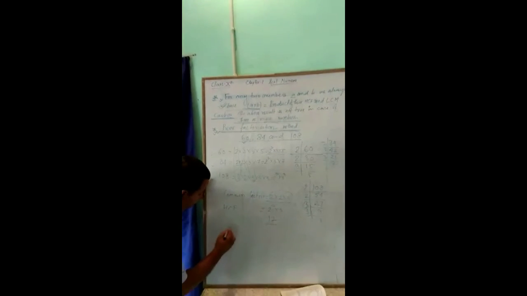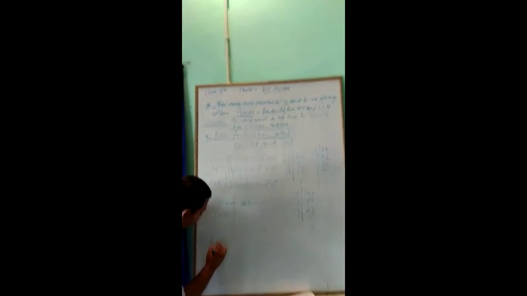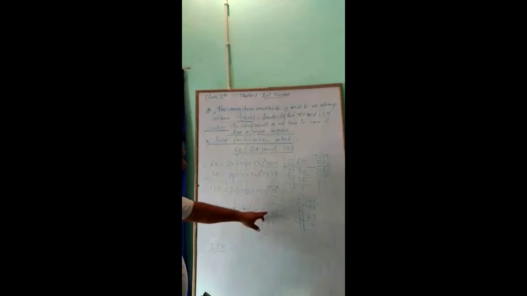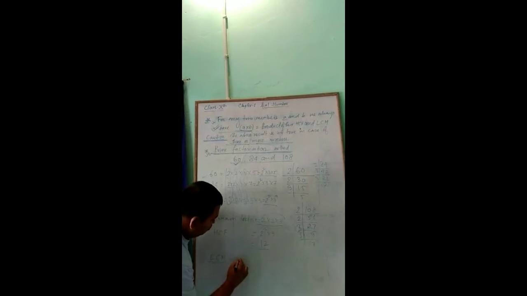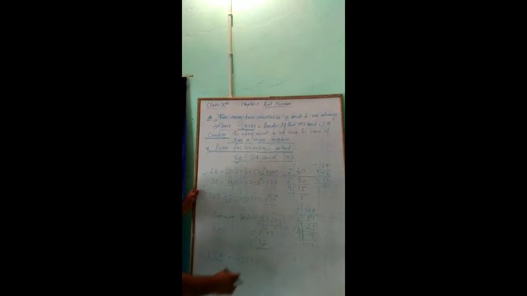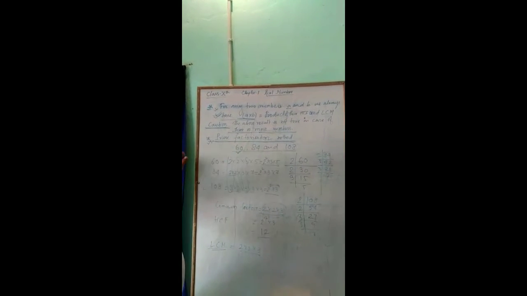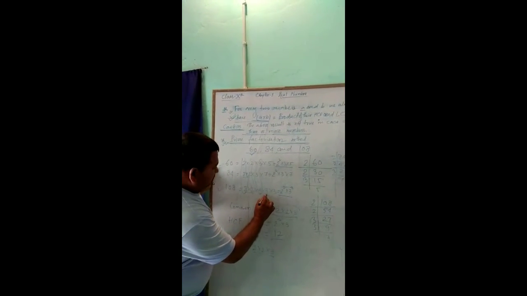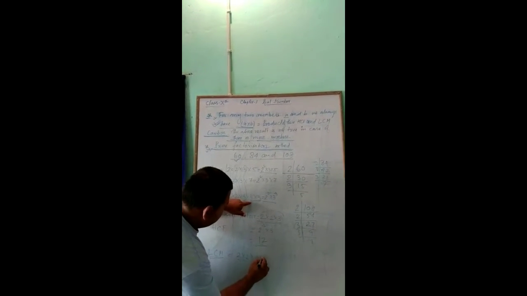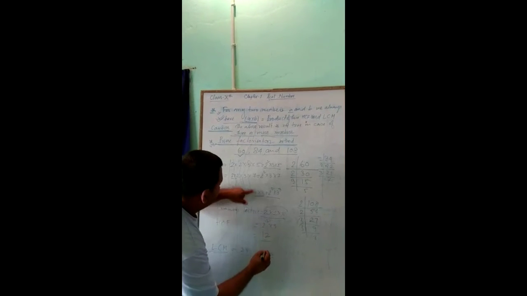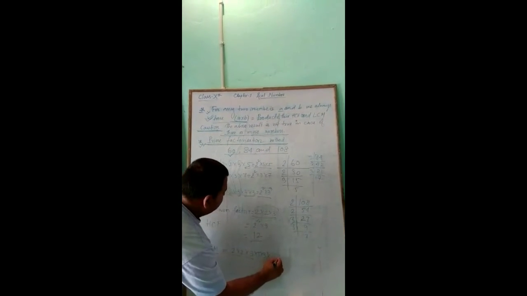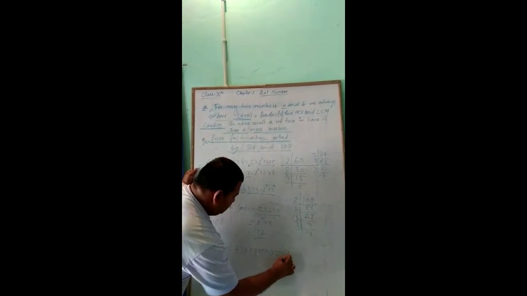Now find out the LCM of all these numbers. First we write the common factors: 2 into 2 into 3. Now the rest we can also write here: first 3 square, that is 3 into 3, then 5, and last 7.